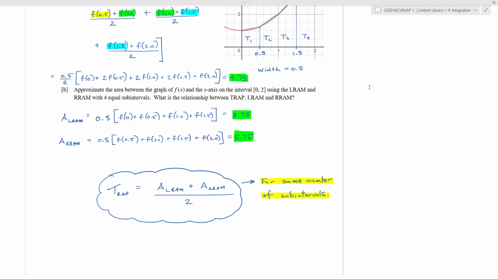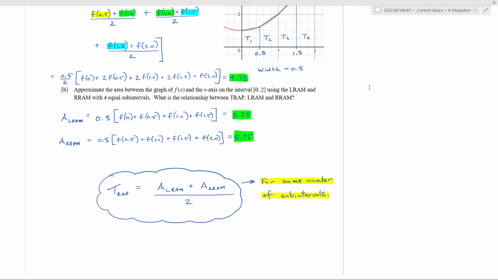Okay, that's important. So in part A we used 4 trapezoids, and in part B we used 4 rectangles. It's only when you're using the same number of rectangles and trapezoids that that relationship is true. It makes no sense to say that the trapezoidal approximation with 10 trapezoids would be the same as the average of LRAM and RRAM with a different number of rectangles.